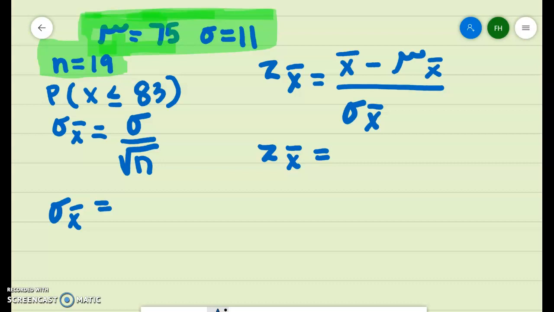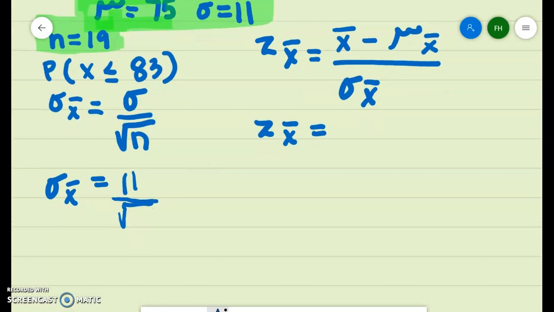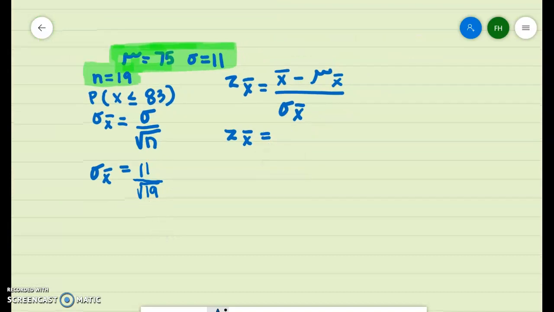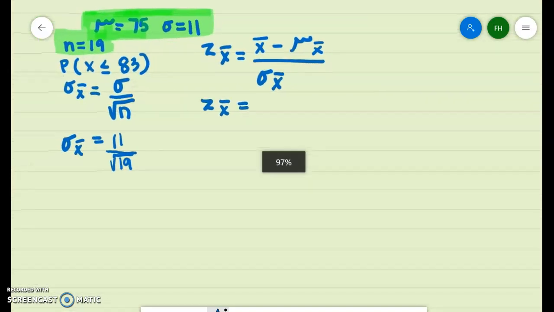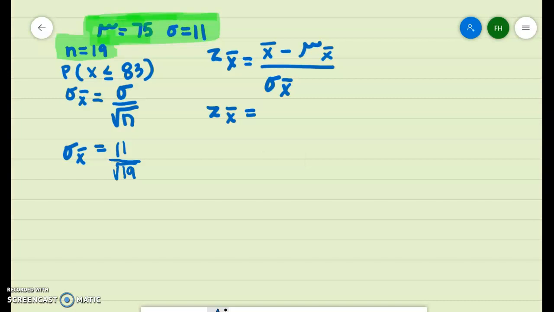So the standard deviation, we're going to plug in 11, and this divided by the square root of n, which is 19. So when you put that in your calculator, you get 2.52 for your standard error of the mean.